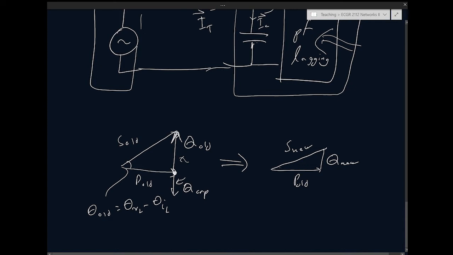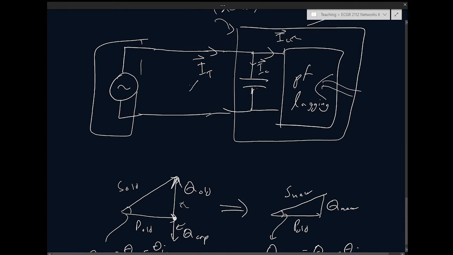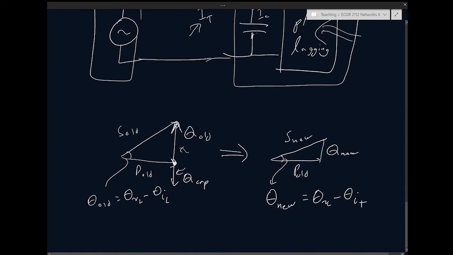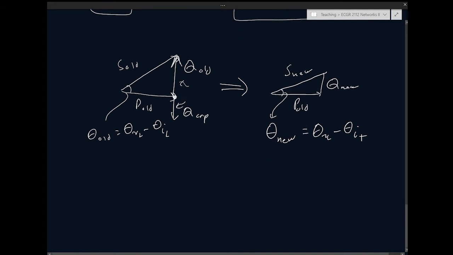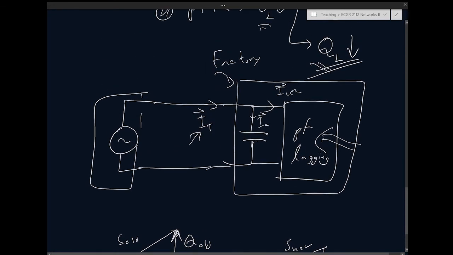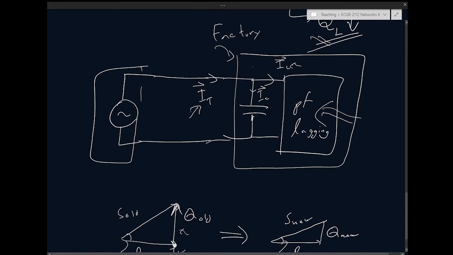So this is theta VL minus theta IT, this current. Now I end up with a smaller power angle.